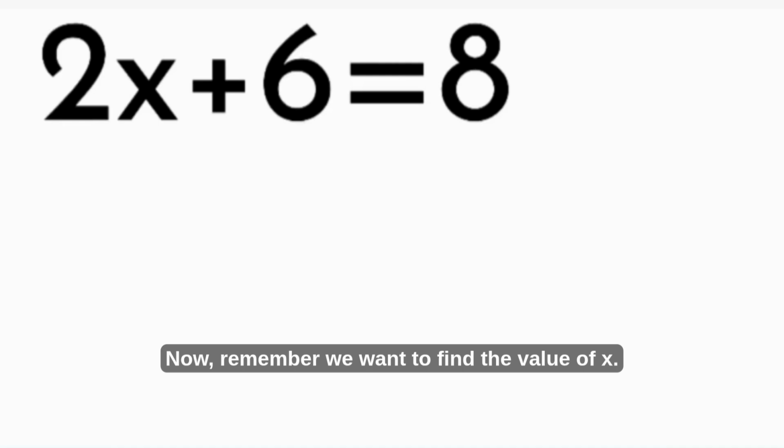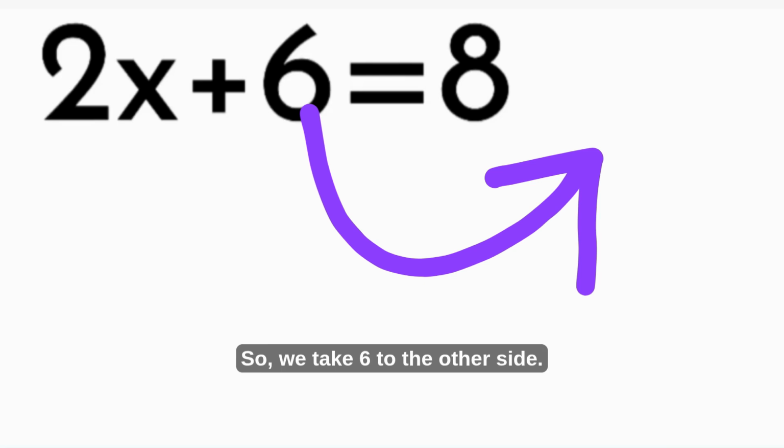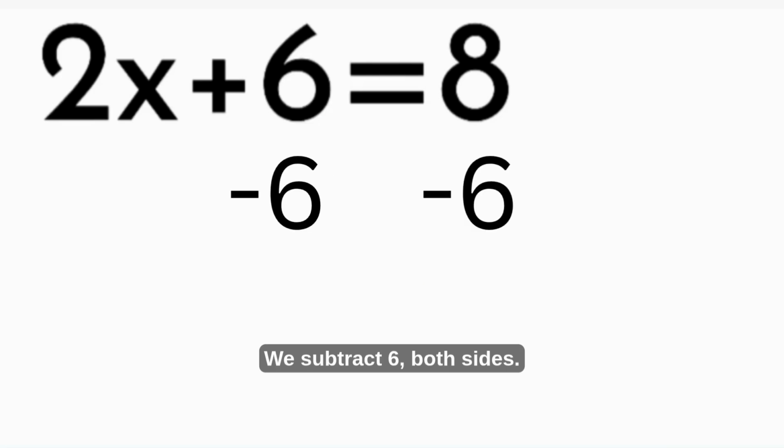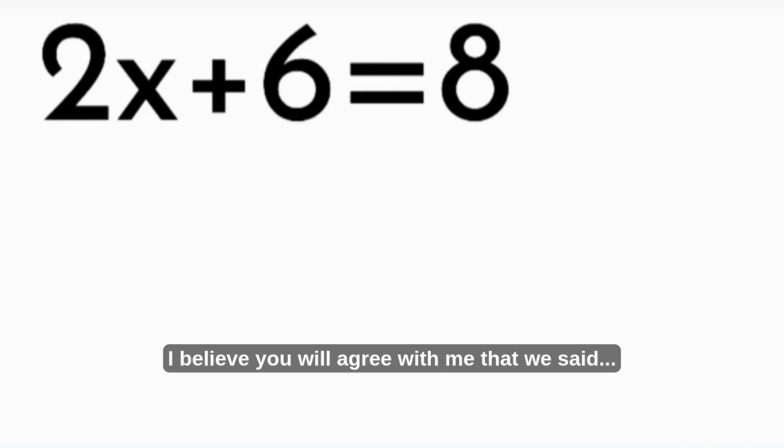Now remember, we want to find the value of x. So we take 6 to the other side. We subtract 6 both sides. And we do so by taking 6 to the other side. I believe you will agree with me that we said during one of the previous lessons, when we are dealing with collection of like terms, when you take a number to the other side, you change the sign.